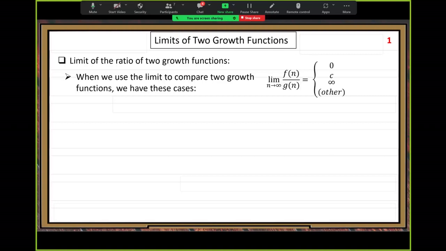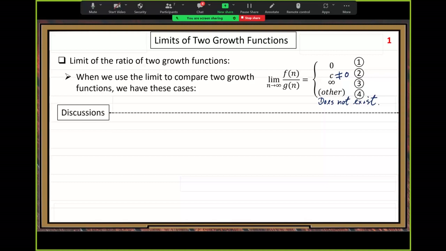Here, these 4 cases: 0, a non-zero constant C, infinity, and other cases where the limit does not exist.